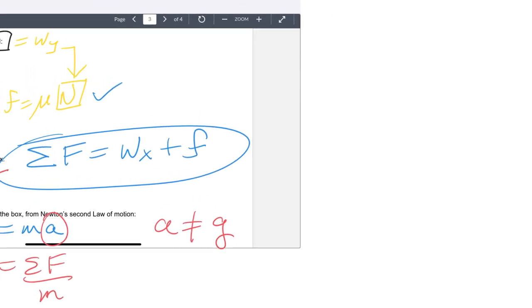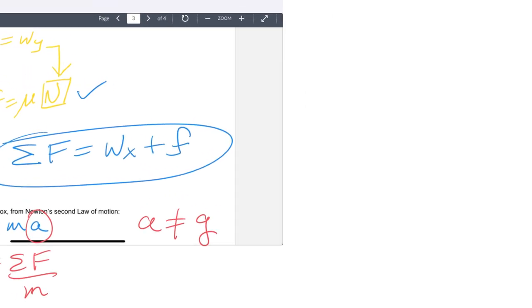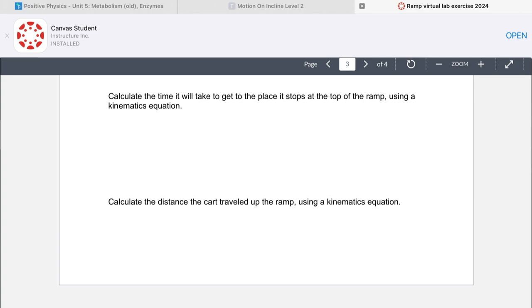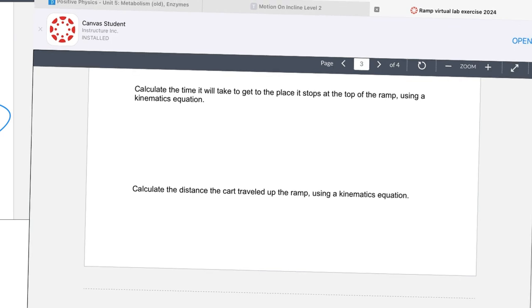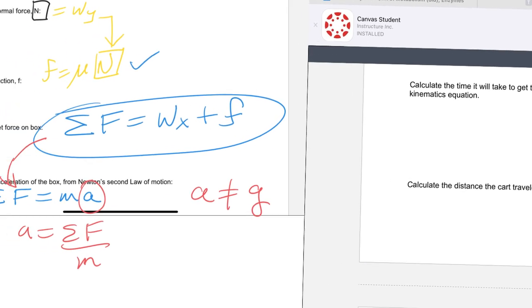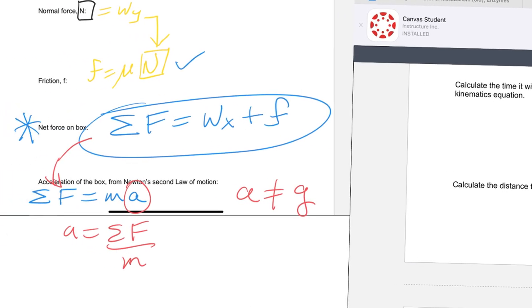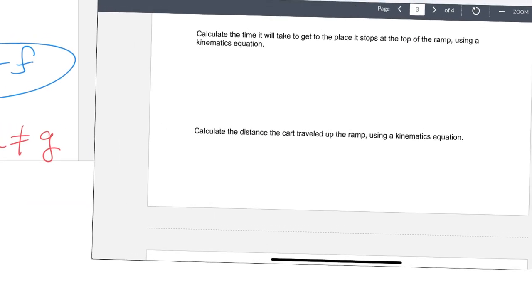Okay, next. Calculate the time it will take to get to the place it stops at the top using a kinematics equation. So we got the acceleration of the block in the last problem we did.